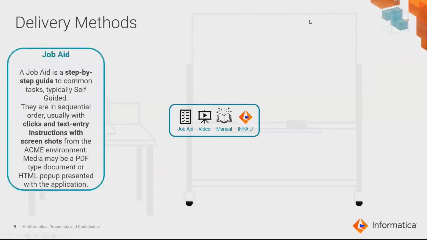So a job aid, which we have indicated by the little checkbox here, is a step-by-step guide with common tasks, and usually this is run by yourself. So this is maybe a companion PDF or video that sits next to you as you do your common tasks. And so usually with clicks, text entry, screenshots from your environment, it might be a PDF, it might be an HTML pop-up similar to the walkthroughs in Axon.